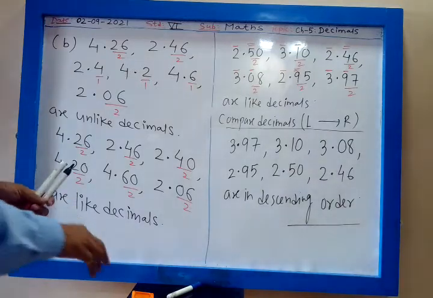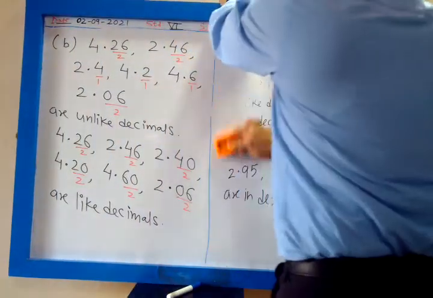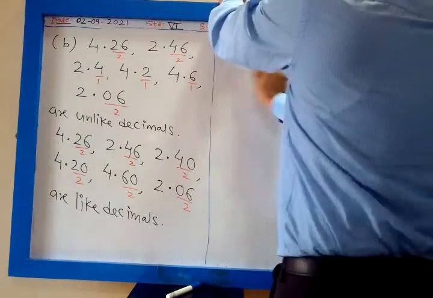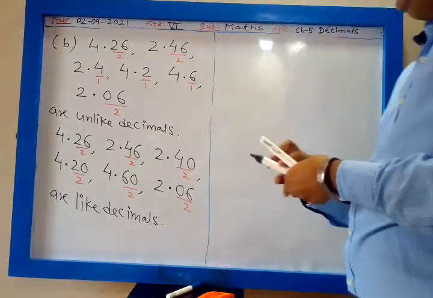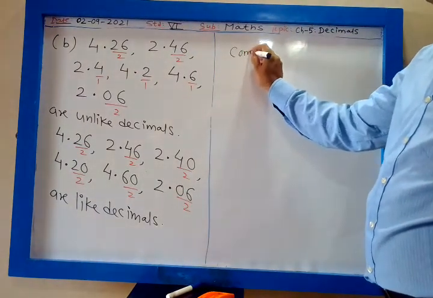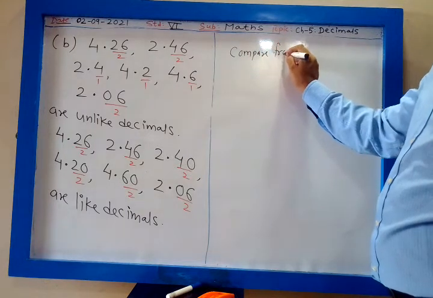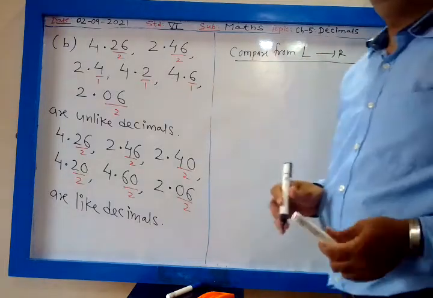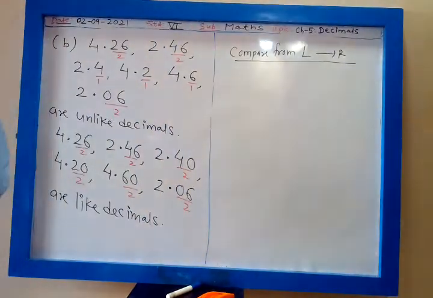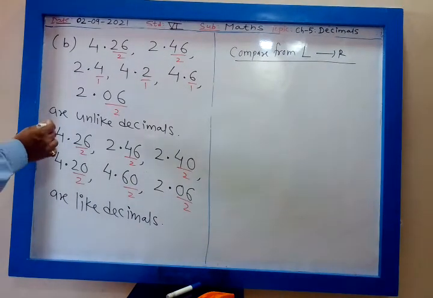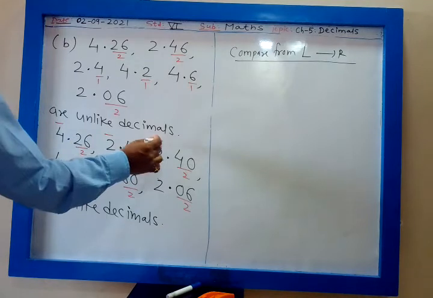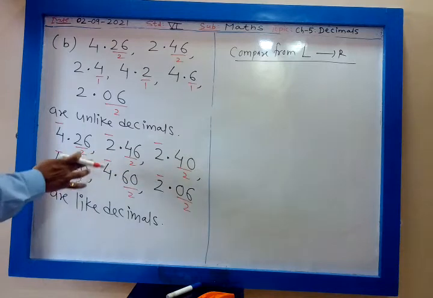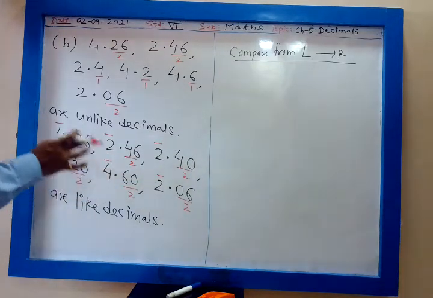Now we compare the digits from left to right, and it is descending order, so we have to find the largest number first. The first digits are 4, 2, 2, 4, 4, 4. 4 is maximum.